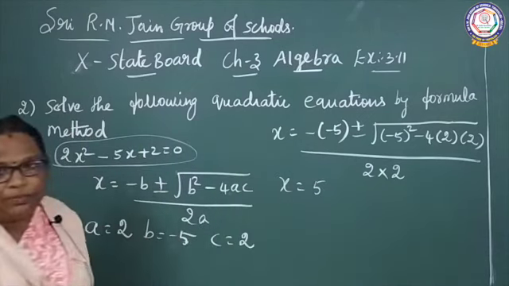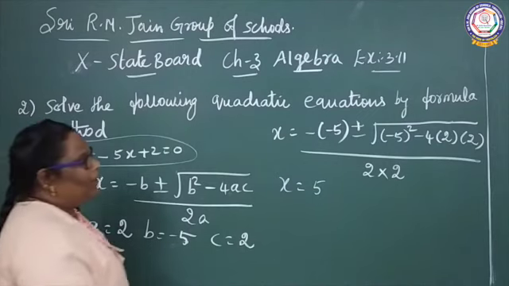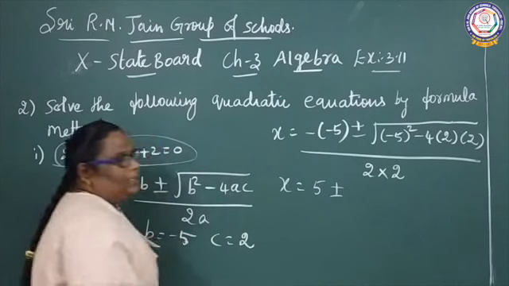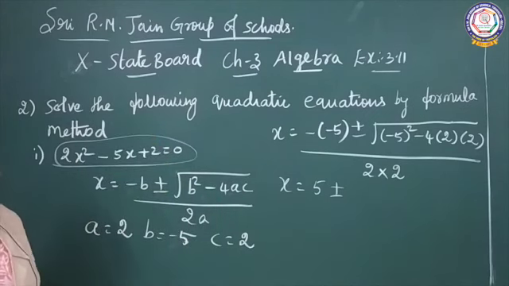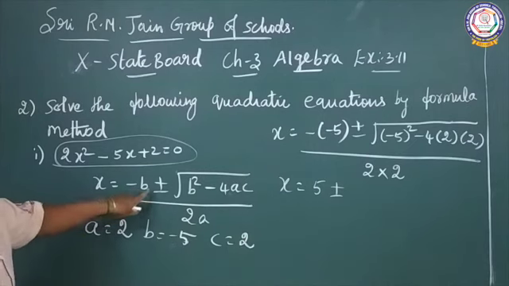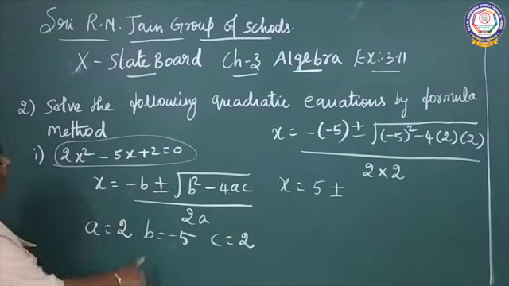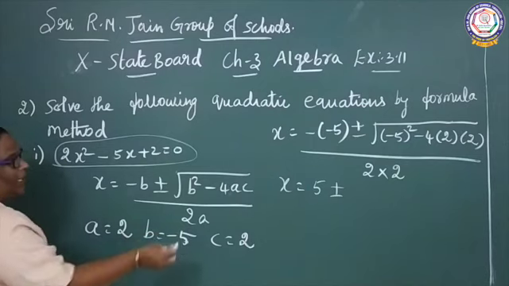Minus into minus becomes 5. b equal to minus 5.